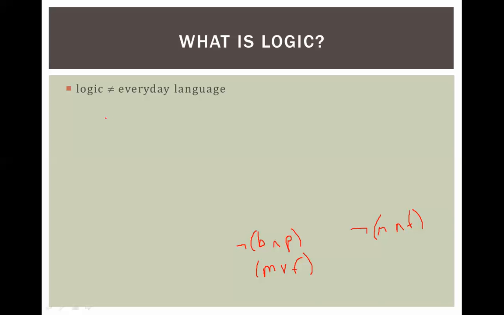So yeah, logic is in everyday language, but then, of course, what is it? Well, I like to think of it a little bit like math, right? Let's say you're going to do a basic problem, 1 plus 1 equals 2. When I think of 1 plus 1 equals 2, I don't think of an actual 1 that's floating around mystically uniting to an actual other 1, and somehow, when they get married, they become a 2, right?